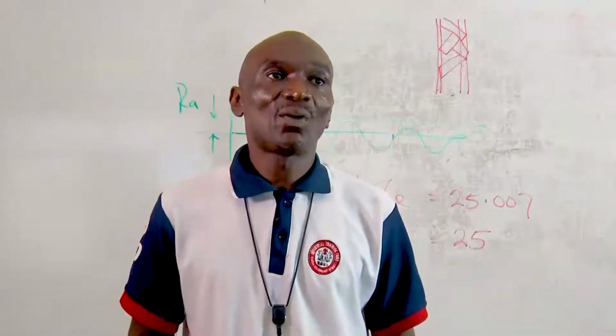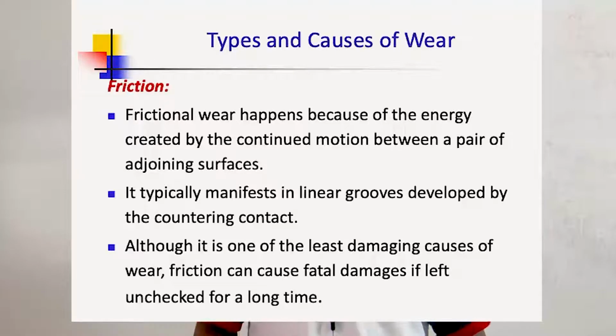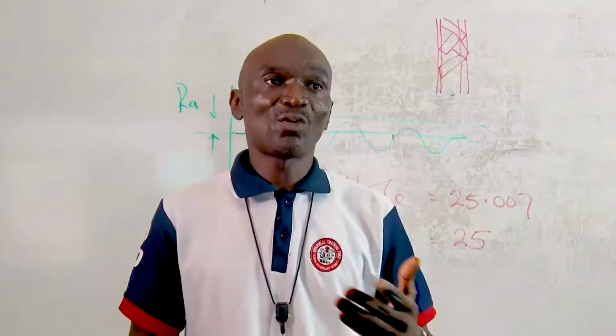And we have quite a number of them, but we want to first consider friction. Frictional wear is a kind of wear, and frictional wear happens because of the energy that is generated by the continual motion between a pair of adjoining surfaces. As the surfaces continue to rub against one another or move relative to one another, energy is created by this motion, and it results in some form of wear.